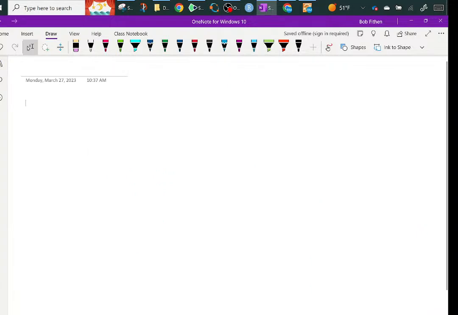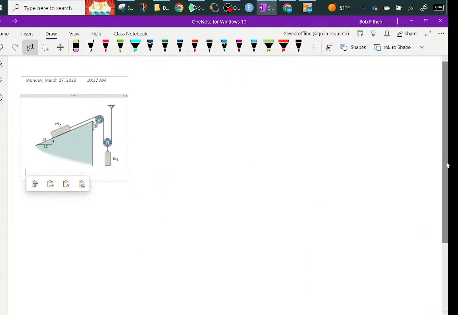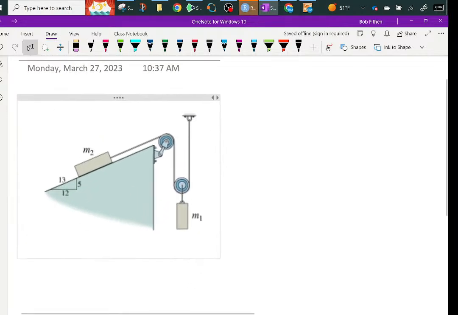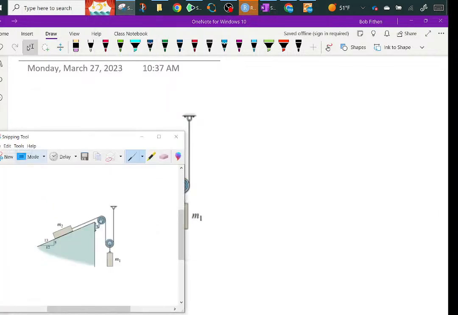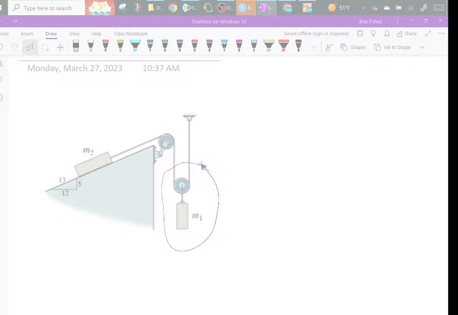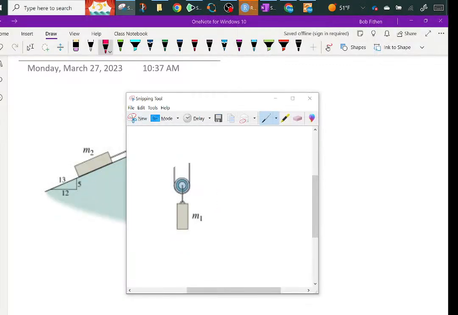Okay. So this time, what I'll do is I'll do the same thing, although I'll do the mode being slightly different. So there's the first one.